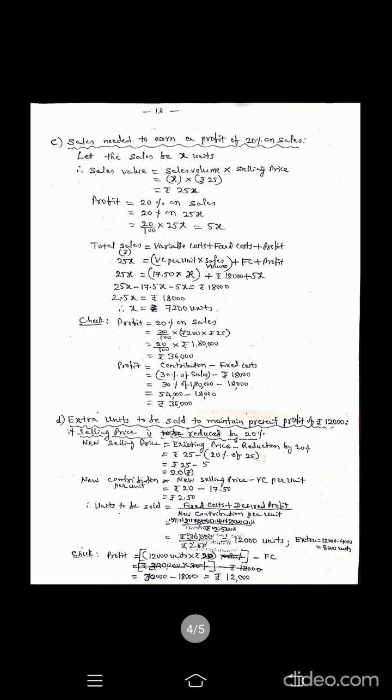Now another calculation is sales needed to earn a profit of 20% on sales. Remember, here the amount of profit required is not given. Profit is 20% on sales. That means if 100 rupees are sales, profit will be rupees 20.